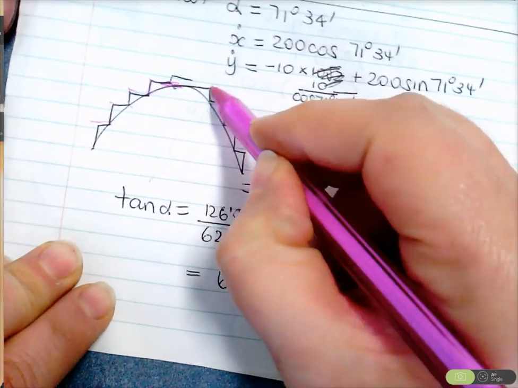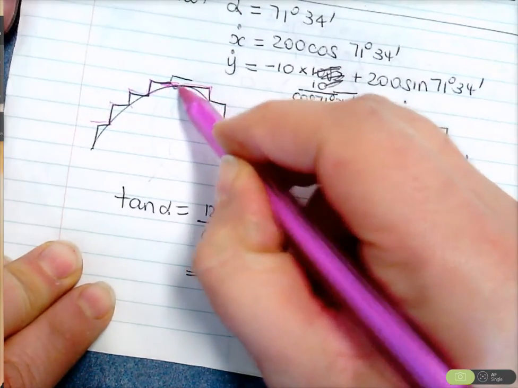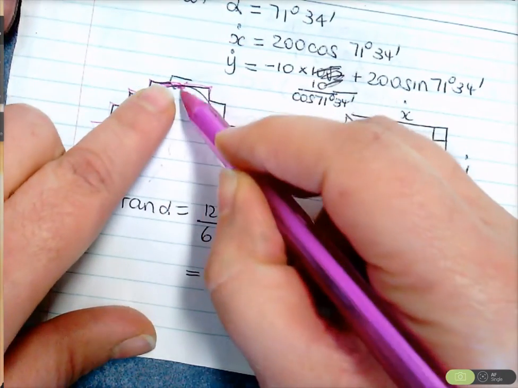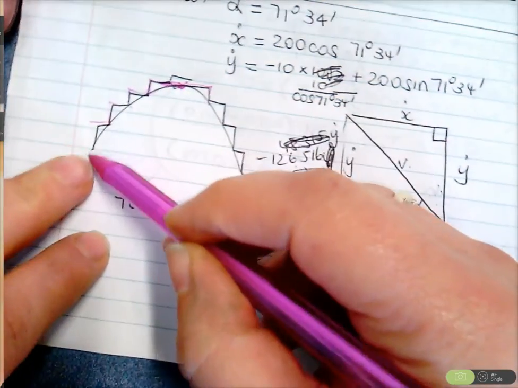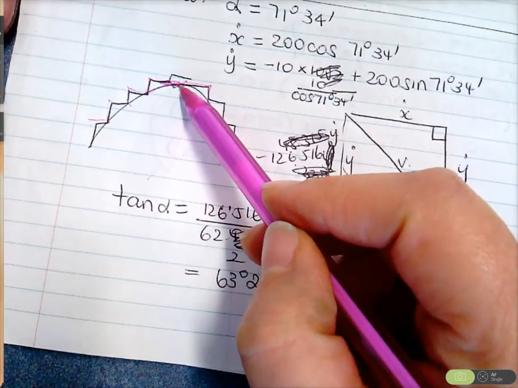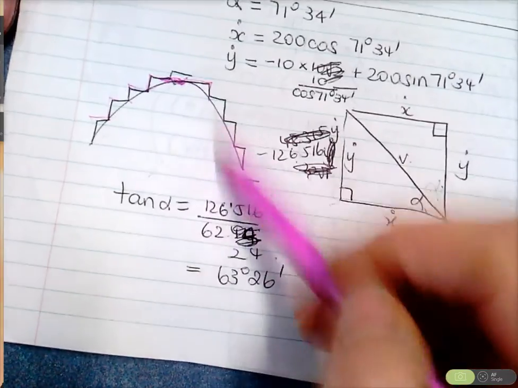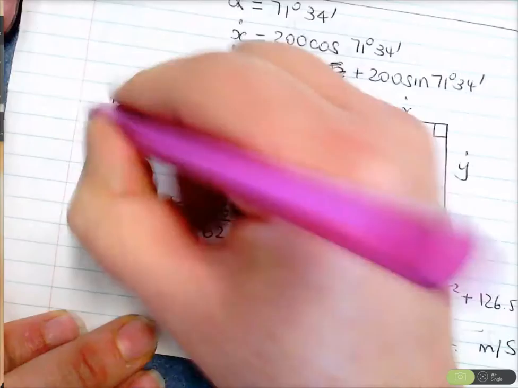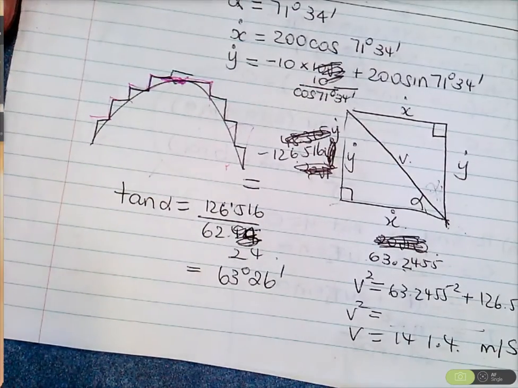The horizontal one's always the same. But there's no up or down when I hit that top. There'll be no vertical velocity, it'll be 0. Positive velocity for y going up, 0 for y dot, and then y dot will be negative on the way down because the particle's travelling down. But always across, x dot's the same.